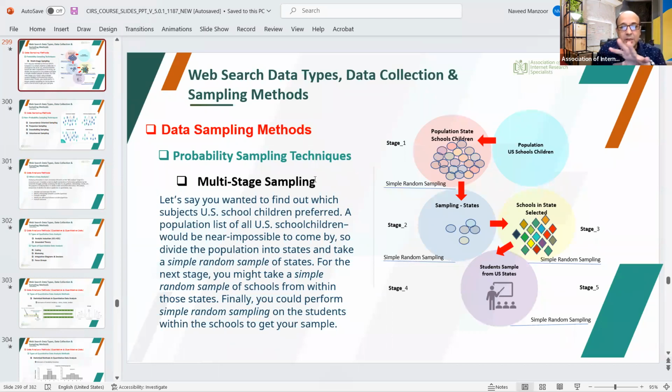You would know that this is multi-stage sampling. Or they would say, is it a probability sampling or non-probability sampling? So it is not as complex, you don't have to come up with the randomization process. It's not going to ask you to do that.